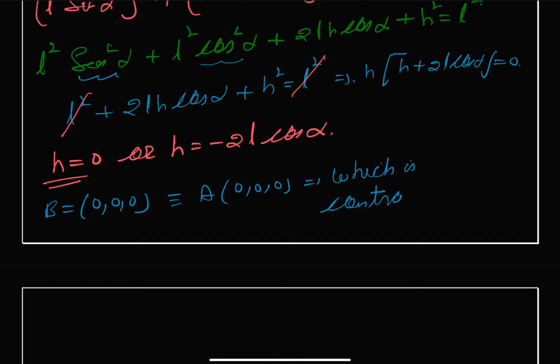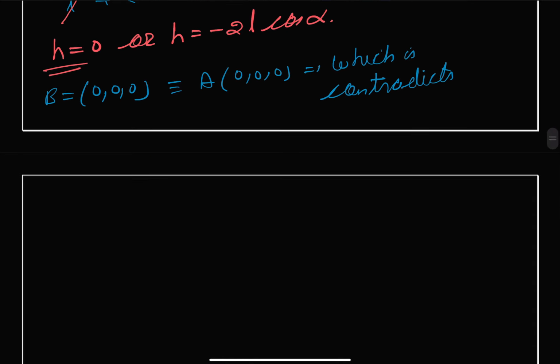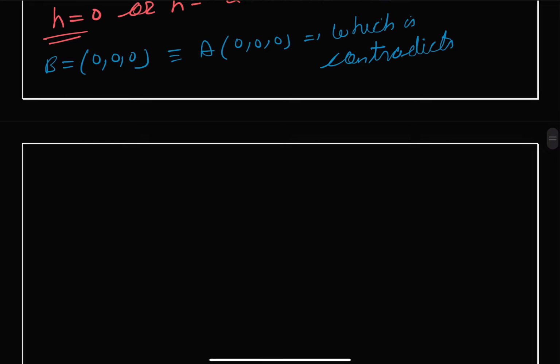And thus we can say that the value of h is equal to minus 2L cos of alpha.